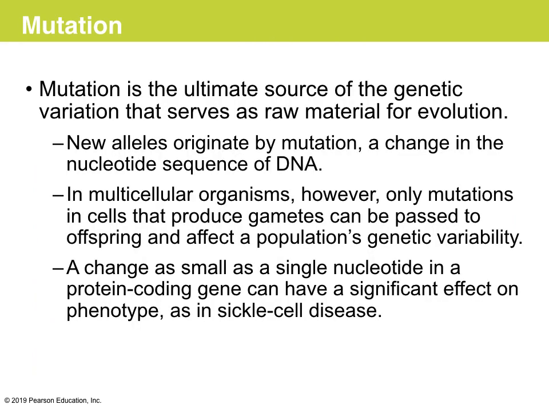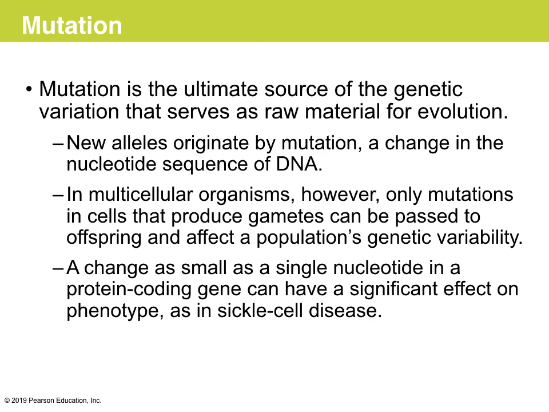So as I've been saying, mutation is the ultimate source of genetic variation that serves as raw material for evolution. New alleles are going to originate by mutation. This is a change in the nucleotide sequence of DNA, right? You did this back in Lab 9. In multicellular organisms, only mutations in cells that produce the gametes can get passed on to offspring, right?